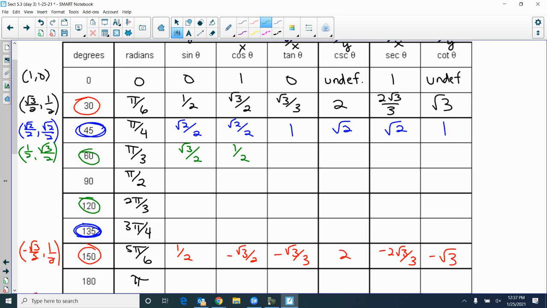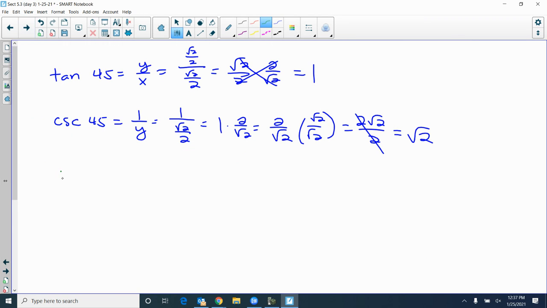Now you're going to end up with all the same types of numbers as 30, but they're going to be in different boxes. Not exactly the same. So tangent is y over x. So tangent of 60 is y over x, which is square root of 3 over 2 divided by 1/2.